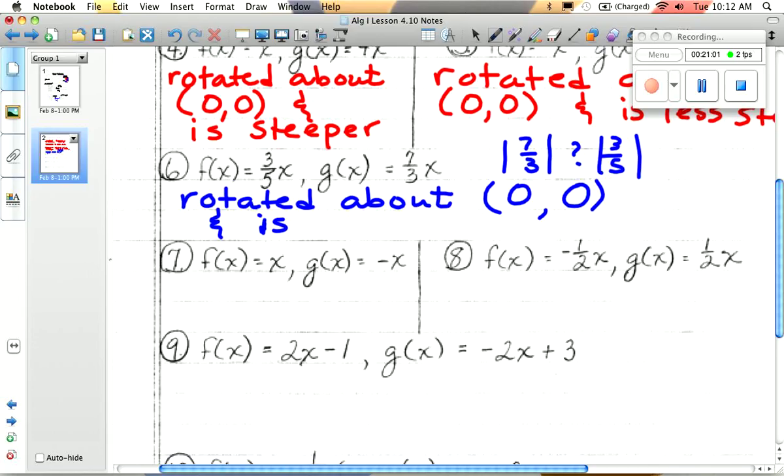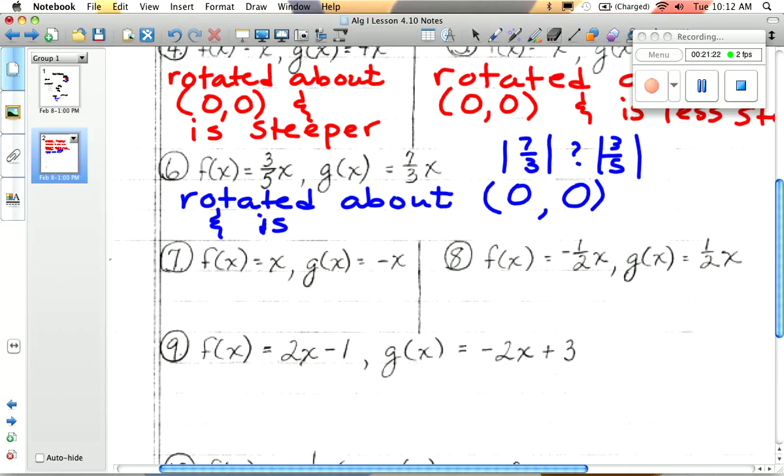And is it steeper or less steep? Okay, and here's what we do. We compare the absolute value of the transformed line's slope to the absolute value of the slope of the other one. Is the absolute value of 7/3, that's 7/3, right? And the absolute value of 3/5 is 3/5. So is 7/3 greater than 3/5 or less than? Greater than.